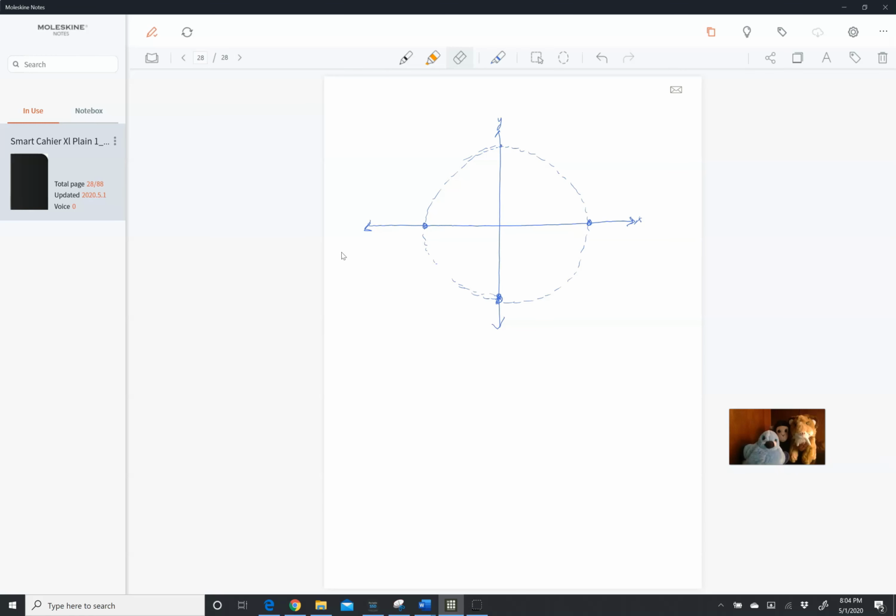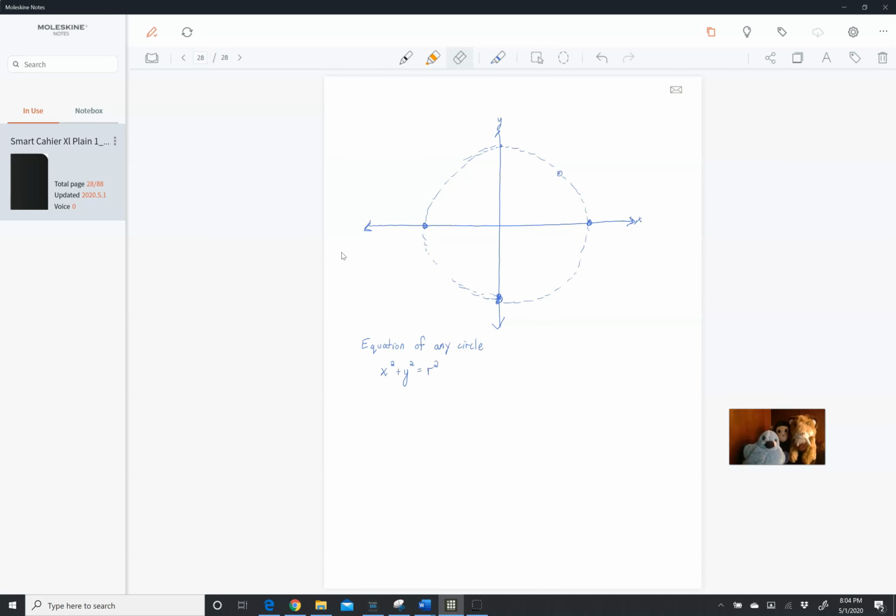Okay, so here's our x and our y. So the equation of a circle is x squared plus y squared is equal to r squared.